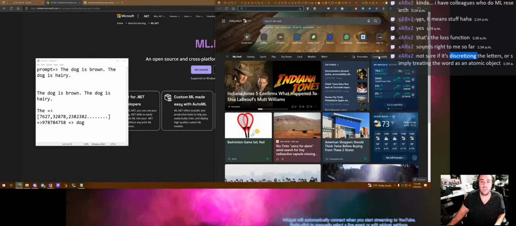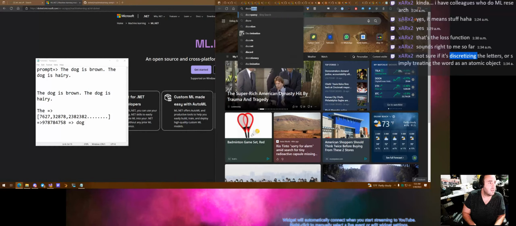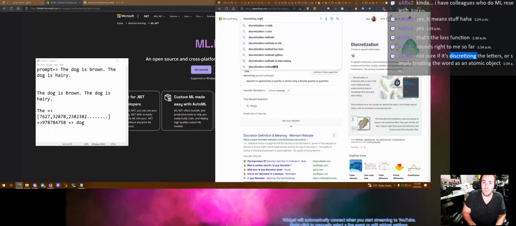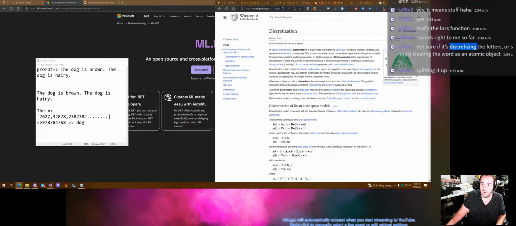If I'm understanding what discretizing is, is that like the word discrete? Like, is it unique? No, that's different, right? Represent or approximate quantity using a discrete quantity or quantities. Not helpful. In applied mathematics, there we go. So this is like what I did for several hours.